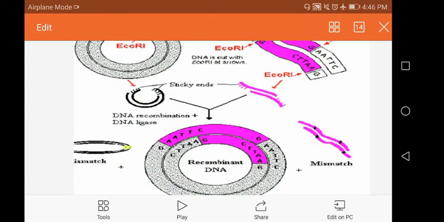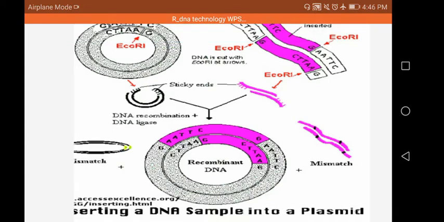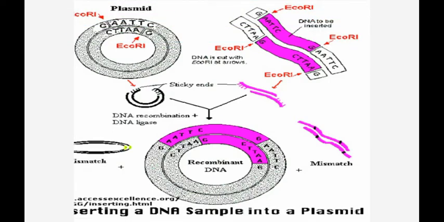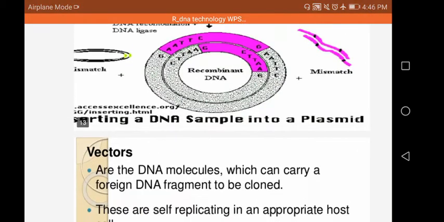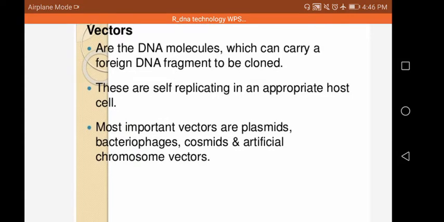Okay, we want to multiply the DNA. Then this specific DNA combines with this plasmid with their sticky ends. They join with the DNA ligase. Okay, if they mismatch, they don't join. Then inserting this sample into the plasmid, this plasmid is again introduced into the bacteria, as we studied earlier.